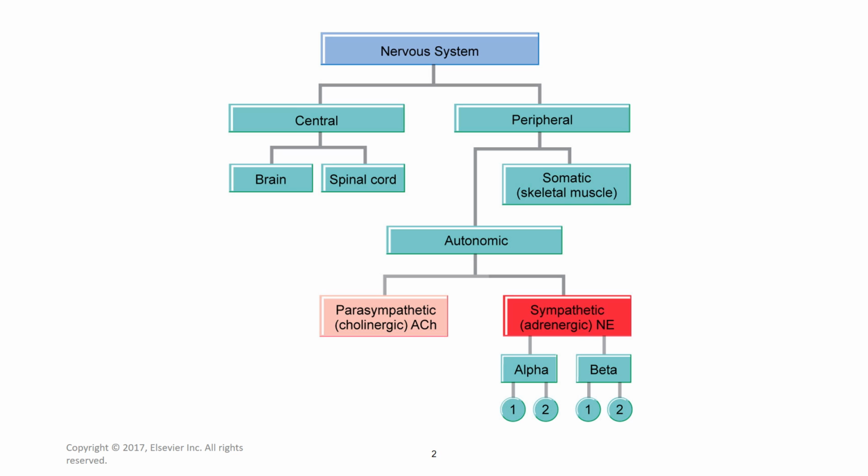The autonomic nervous system is responsible for involuntary functions of the body and includes two branches: the parasympathetic or cholinergic branch and the sympathetic or adrenergic branch. And the sympathetic branch has multiple receptors. It has alpha receptors, beta receptors, and not shown here, it also has dopaminergic receptors.